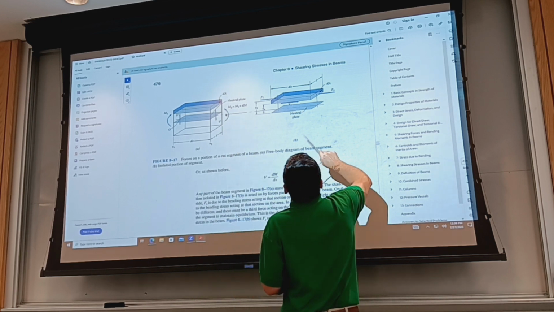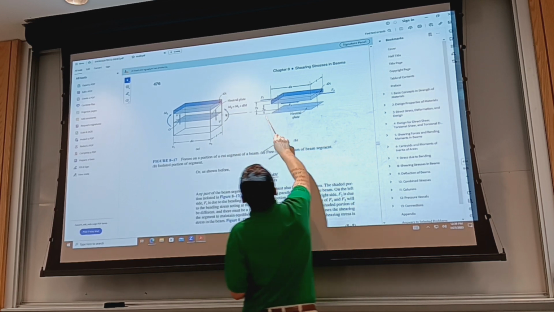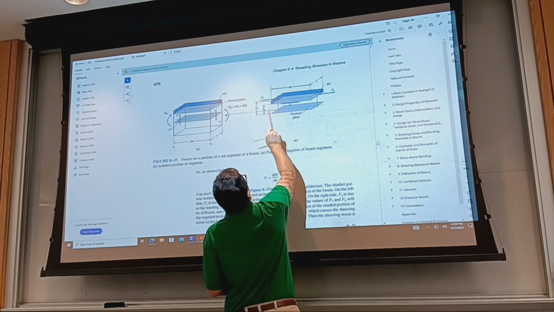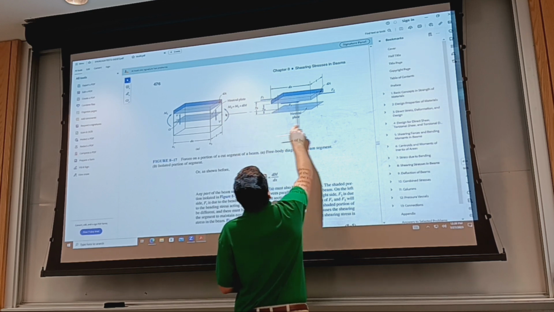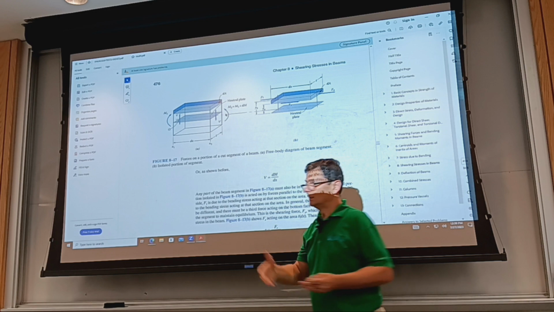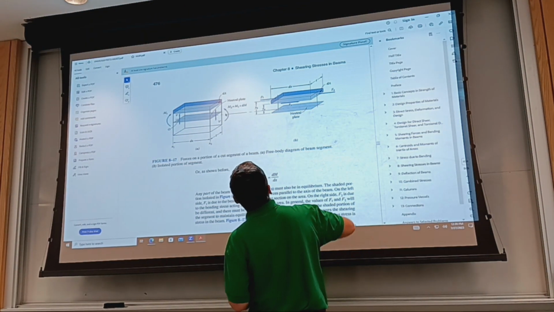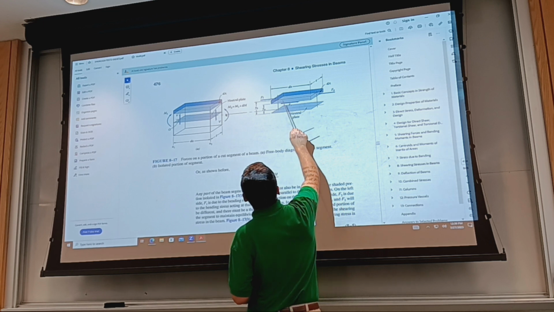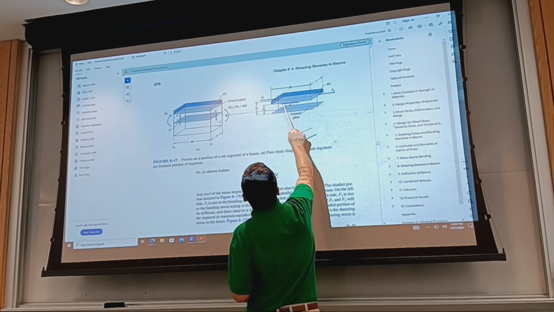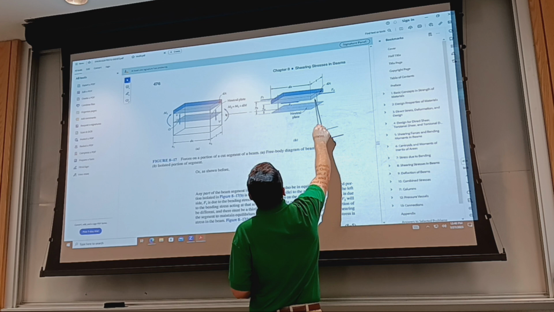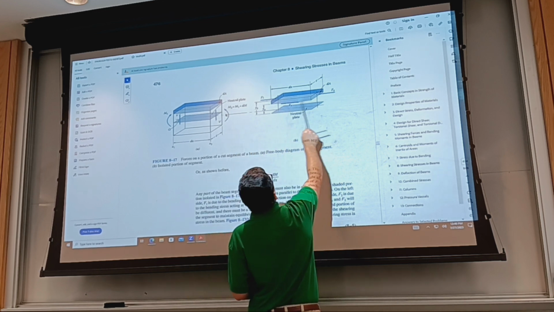And now, assuming that we're interested in the shear stress somewhere along this line, you can see I have yA and yB all the way to the top from the centroid. yA is the plane of the longitudinal cut where I want to evaluate the shear. So it's going to translate this V into a shear force as shown.